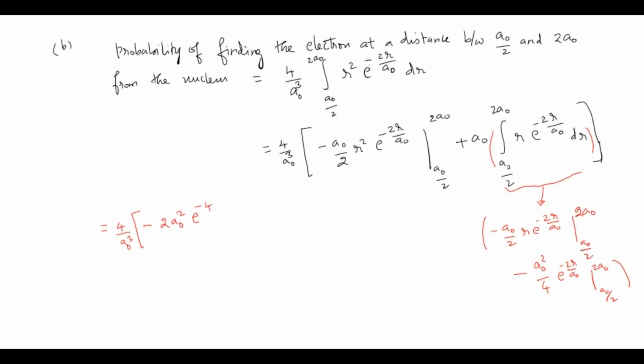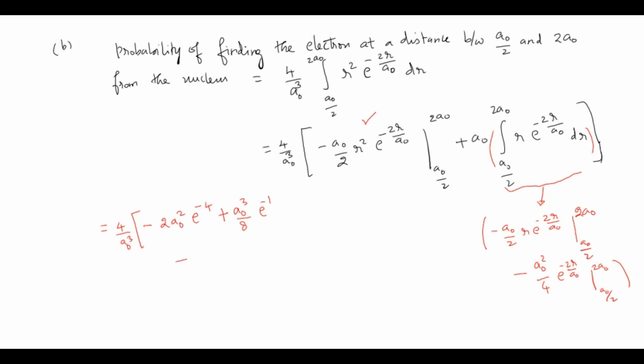And when we substitute the lower limit, this becomes minus and minus plus a naught cube, 2 square is 4, 2 8, so e power minus a naught by a naught, therefore e power minus 1. So this is the value after we substitute the upper and lower limit.